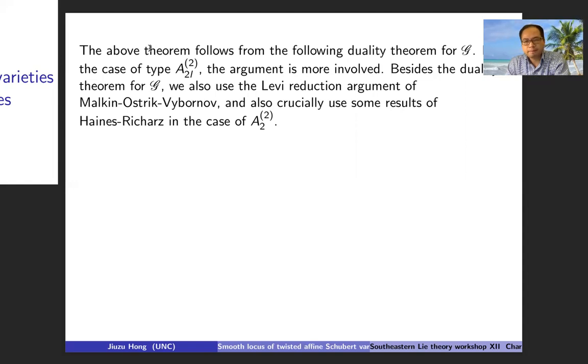I mean, use the duality theorem of type AN, DN, E6. So similarly, for the twist case, we are going to do a similar thing. We are going to follow a similar strategy. So the theorem I just explained will follow from a similar dual theorem for the periodic scheme.